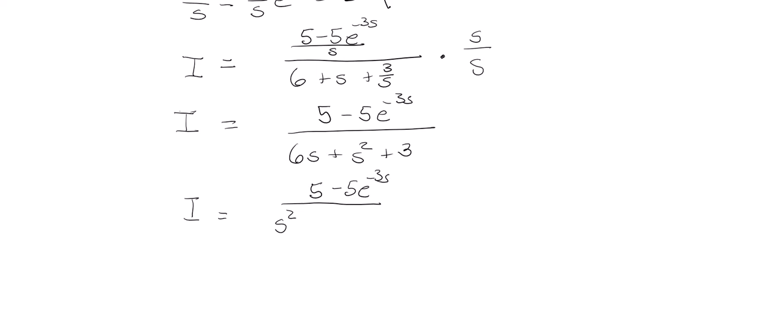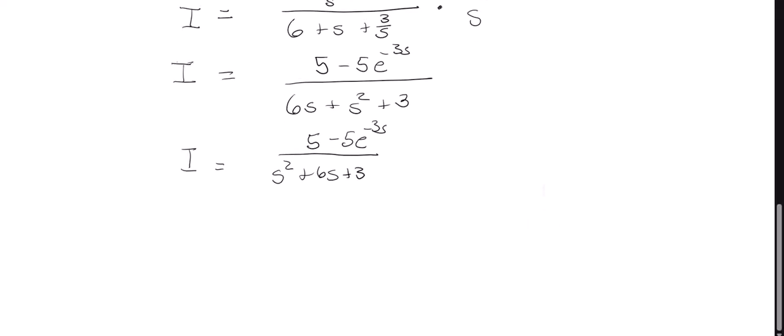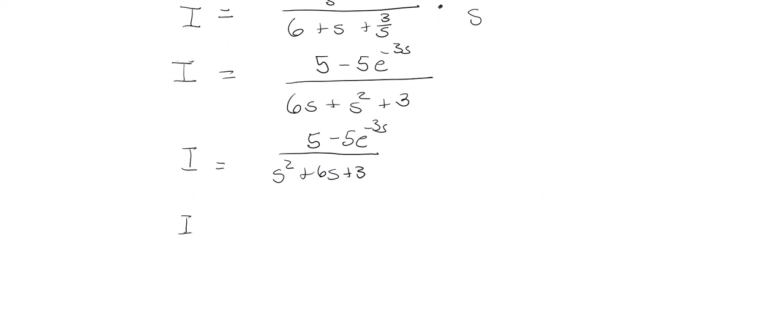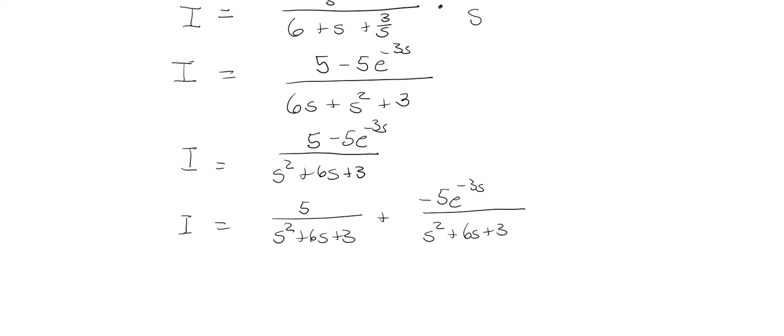I'm just changing the order here, which is the same as 5 over s squared plus 6s plus 3 plus negative 5e to the negative 3s over s squared plus 6s plus 3.